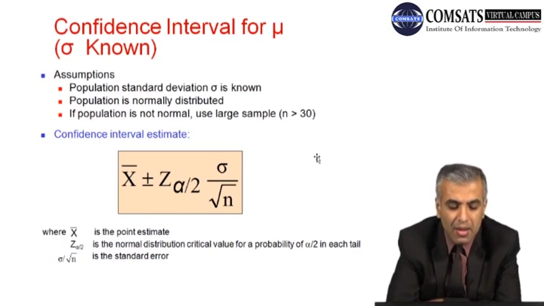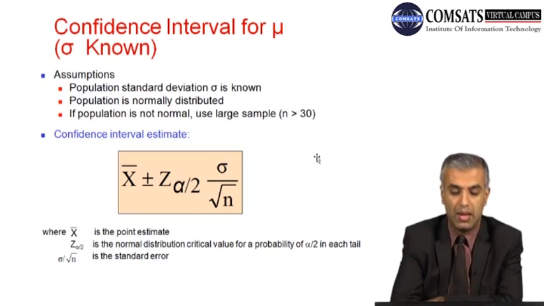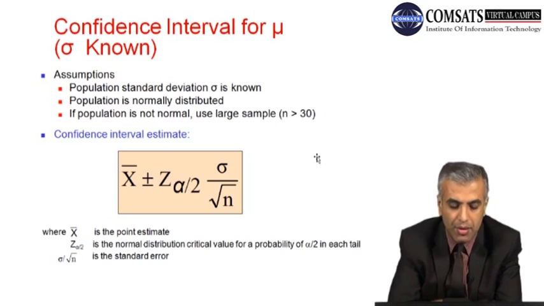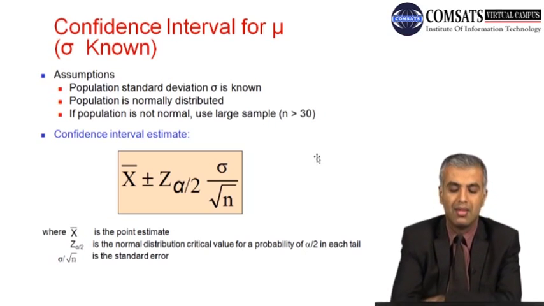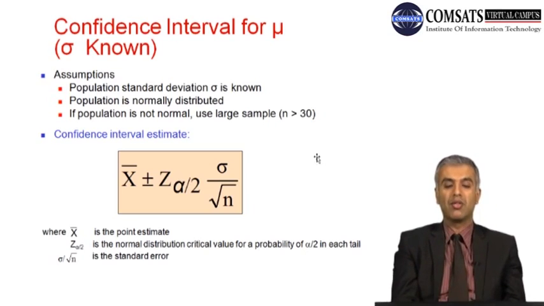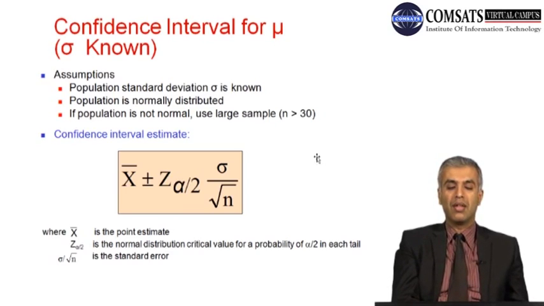In this case the confidence interval estimate formula is x bar plus or minus z alpha by 2 times sigma divided by the square root of n. This is the formula used to calculate the confidence interval estimate.